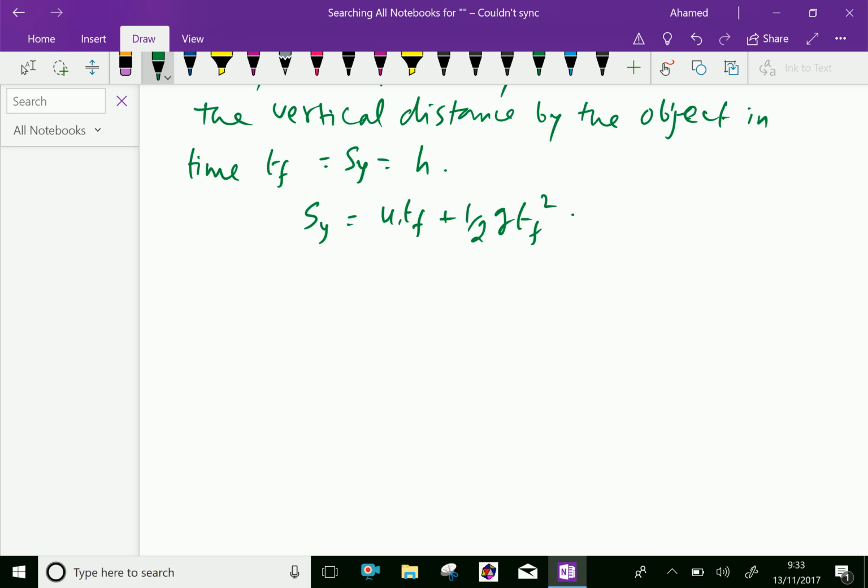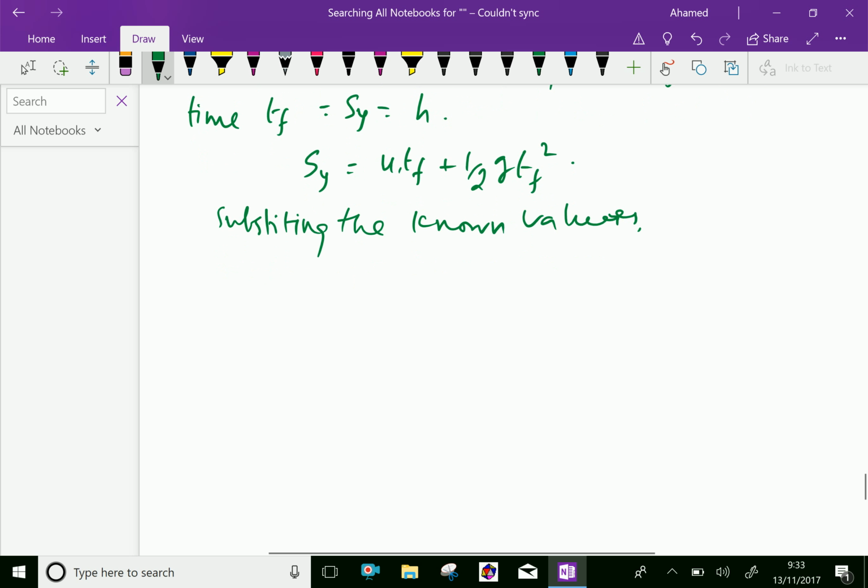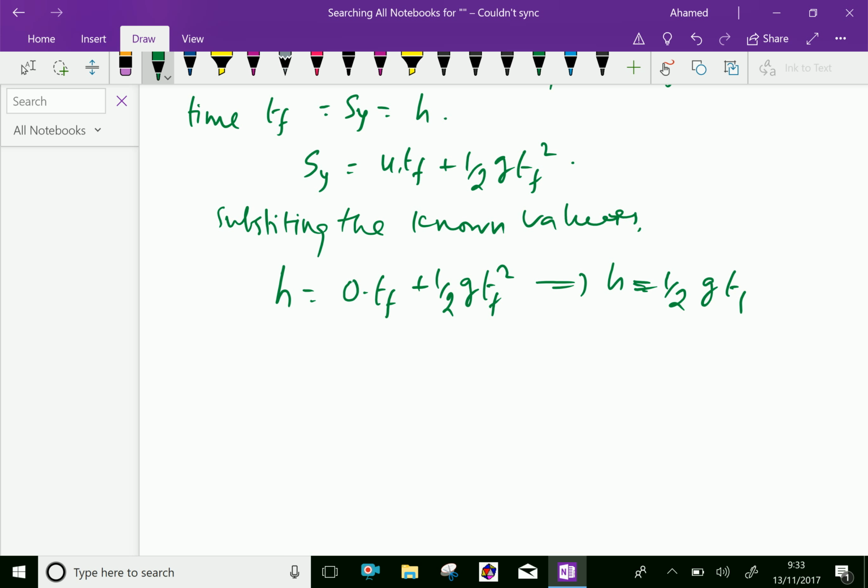Now substituting the known values, h instead of sy, the initial velocity 0 into tf plus half g tf square, which gives 0 into tf is 0, therefore h equals half g tf square.